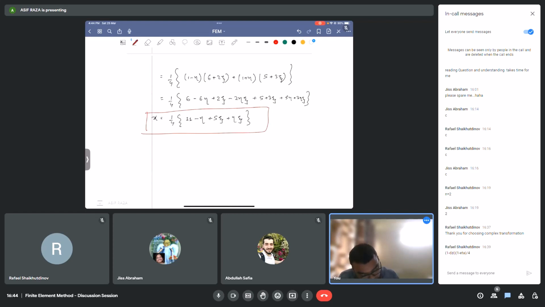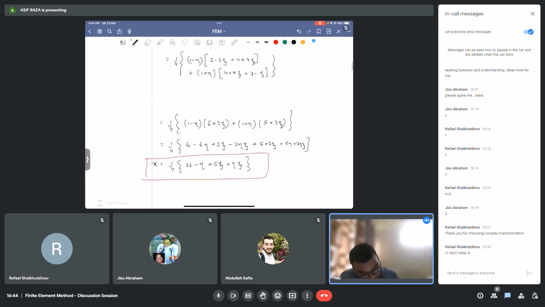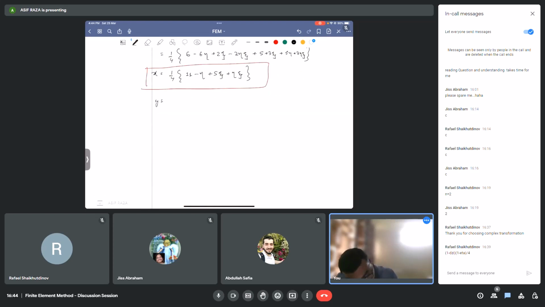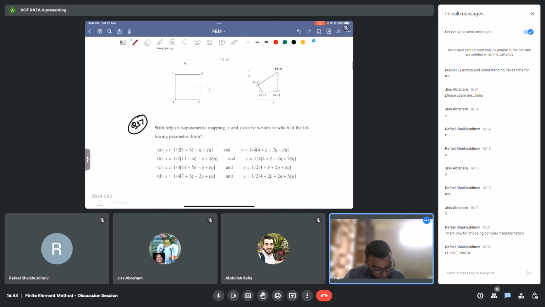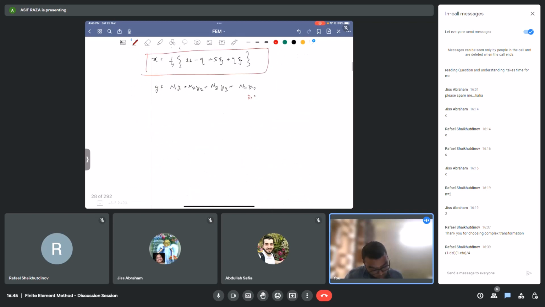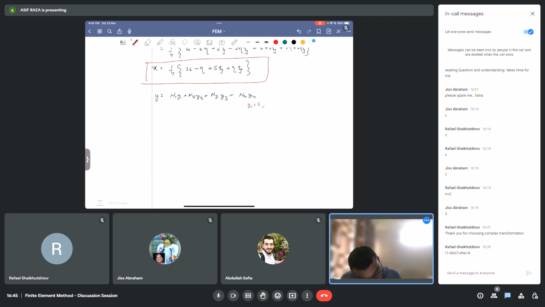Similarly for y. Okay, so y equal to n1 y1 plus n2 y2 plus n3 y3 plus n4 y4. You have y1 equal to 1, y2 equal to 1, y3 equal to 4, y4 equal to 2.